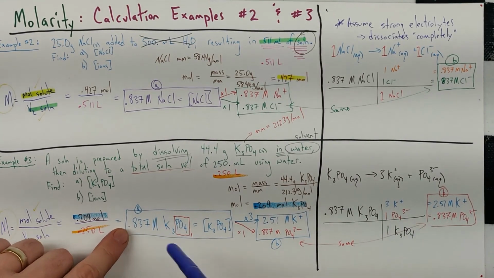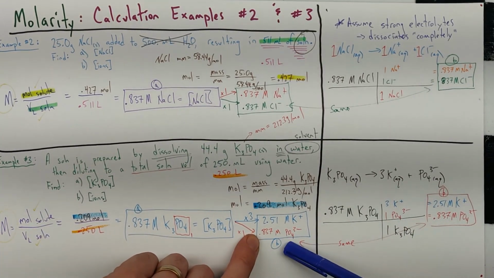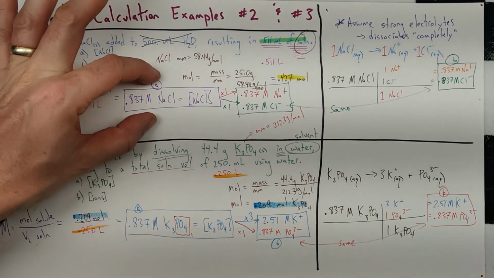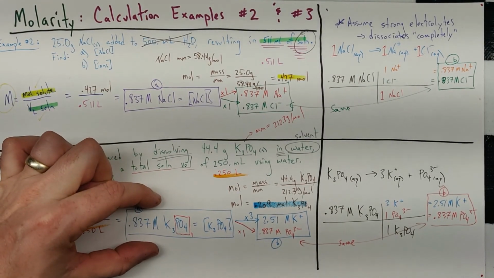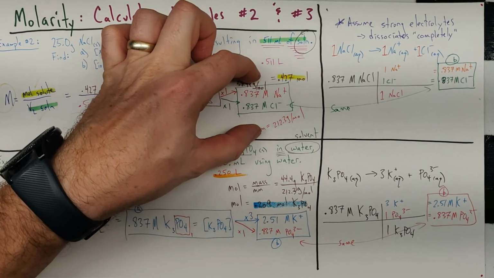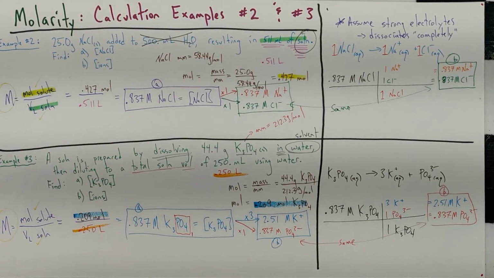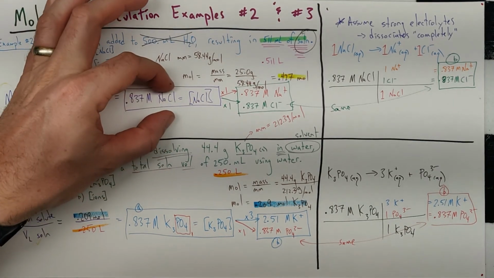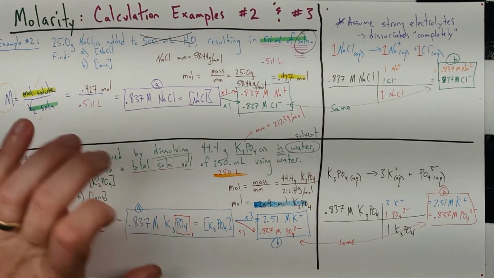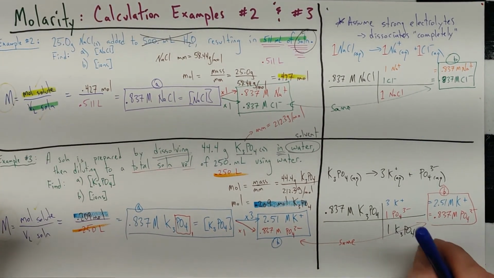There's 3 times as many. And then it has 0.837 molar phosphate ions. So even though this concentration and this concentration are the same, the total number of ions in the solution are drastically different. I think that's kind of interesting and not necessarily intuitive. This makes 2 things. This makes 3 plus 1 is 4 things. So we get a much higher concentration there.